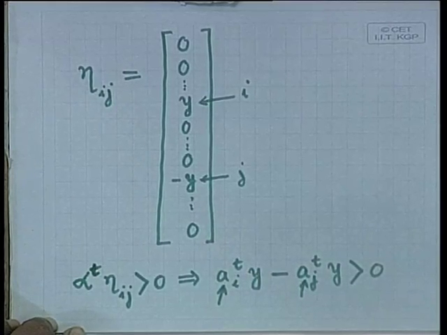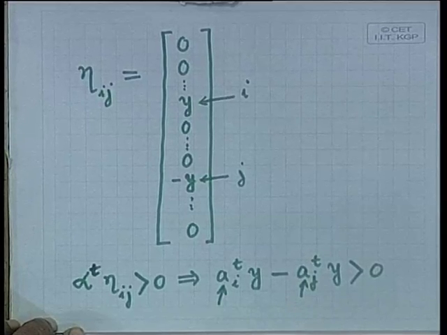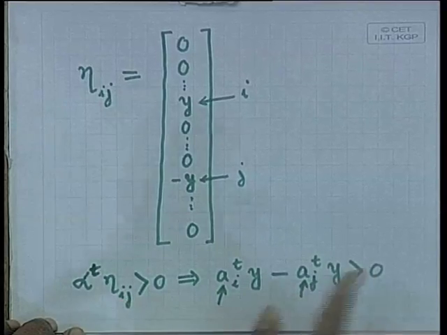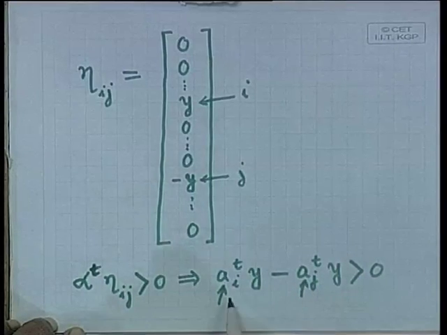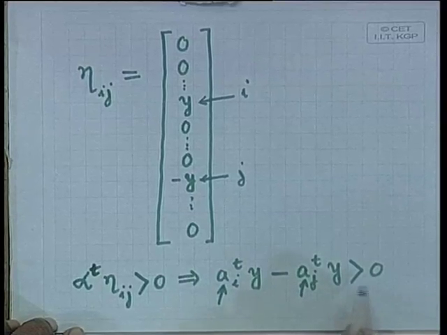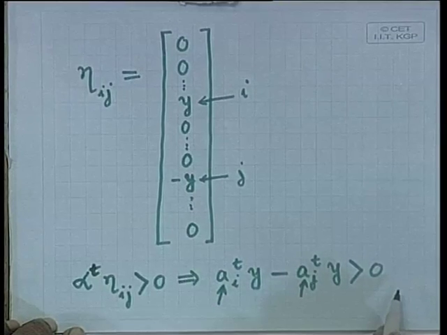And for proper classification of any sample y, I must have that alpha transpose eta i j must be greater than 0. That means, A i transpose y minus A j transpose y must be greater than 0.